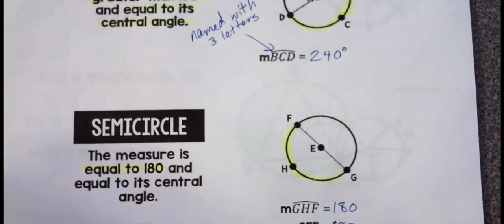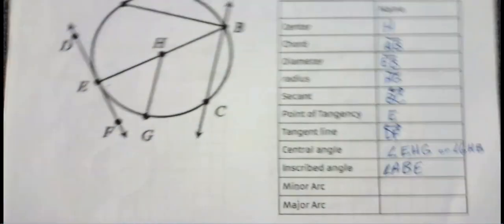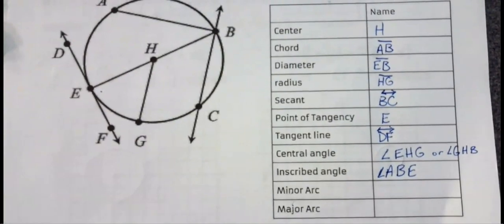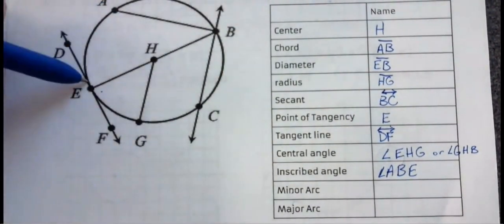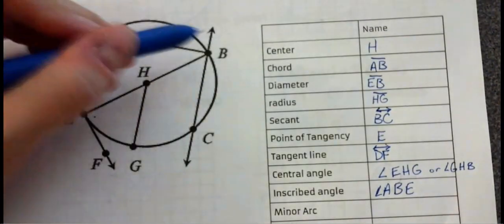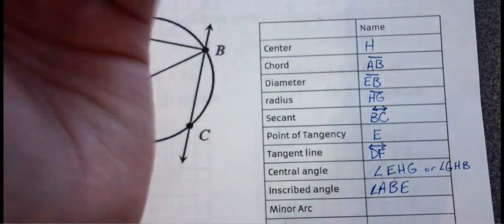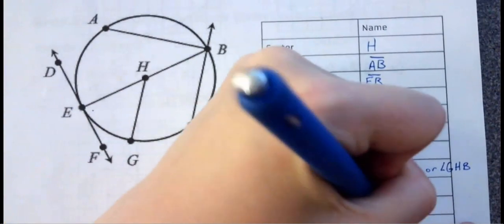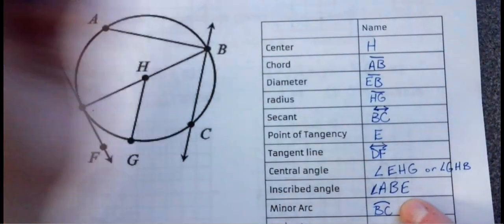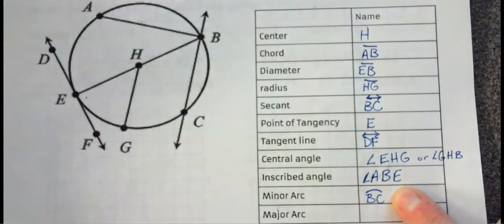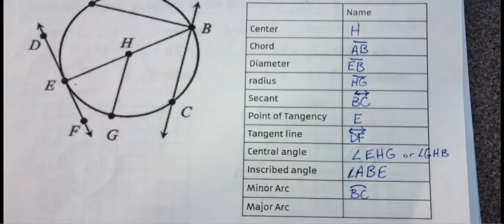All right, let's go back to the page before. Now that we know what minor arcs and major arcs are, let's name a couple of them, and then we're done. There's lots of ones you can name. You can say AE is a minor arc, AB, BC, CG. It doesn't matter. You just have to pick one and name it. And just for funsies, I'm going to say BC and put a little arc on it. Just make sure you know how to name it, like what marks you need to have over it, the little arc.